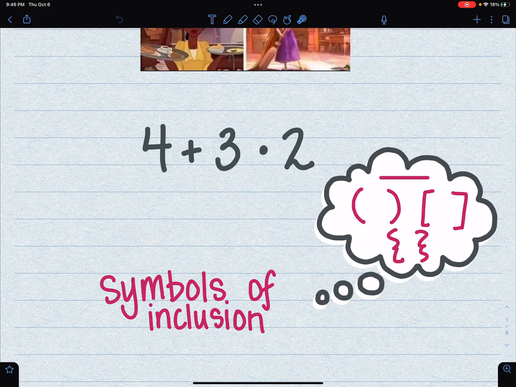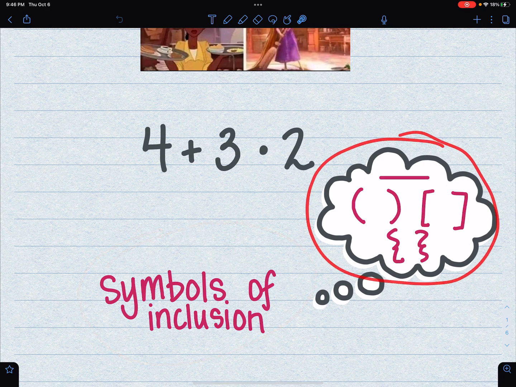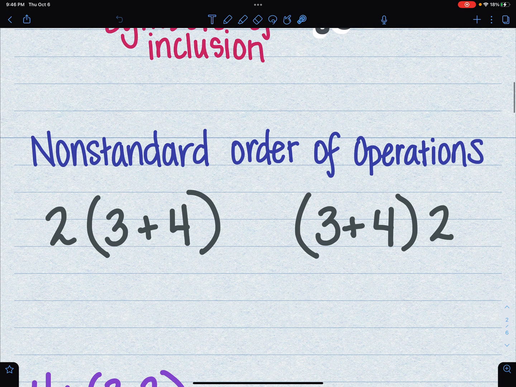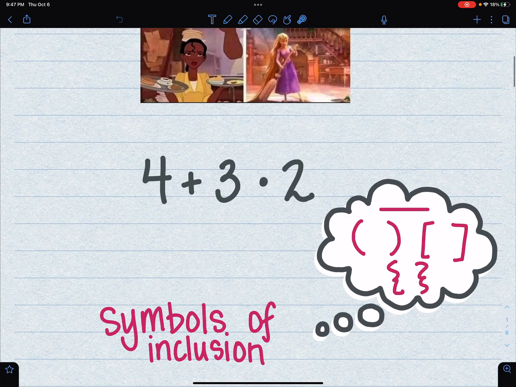straightforward. Symbols of inclusion is the fancy name we give for these types of brackets. We could have written this, okay? Those are parentheses. There's also brackets.